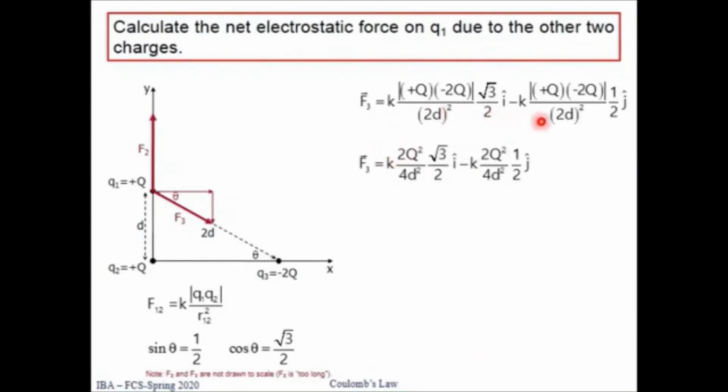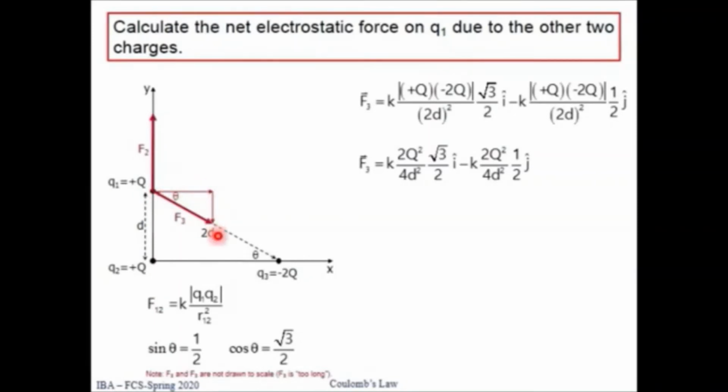And finally, when we solve these equations, we get the two components of F3. This is a horizontal component and this is a vertical component. So now we have determined F2, which has only one component, and F3, which has two components, one horizontal and the other vertical.